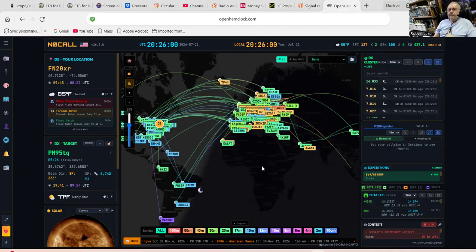It has a lot of useful information and is probably worth looking at. It's a pretty popular thing, especially for what they call spotting, so you can see where activity is and who's on the air listening and talking.